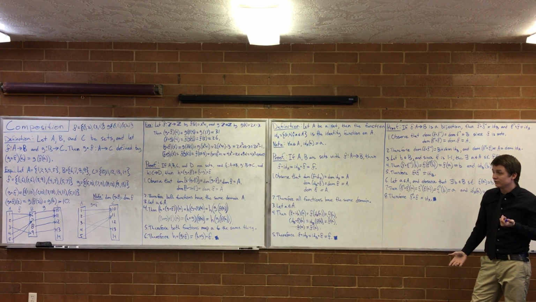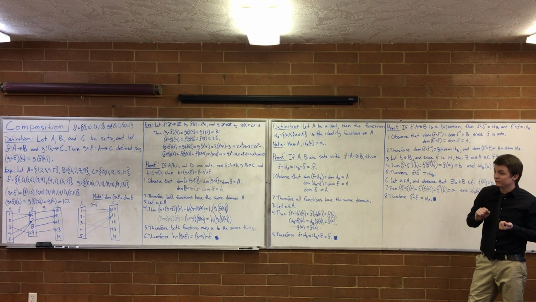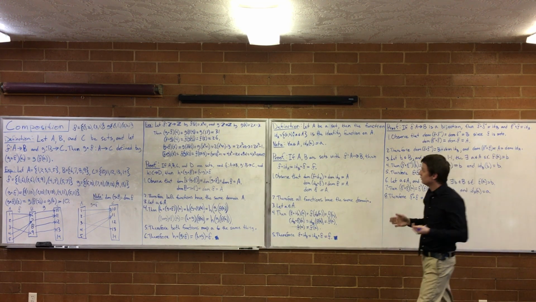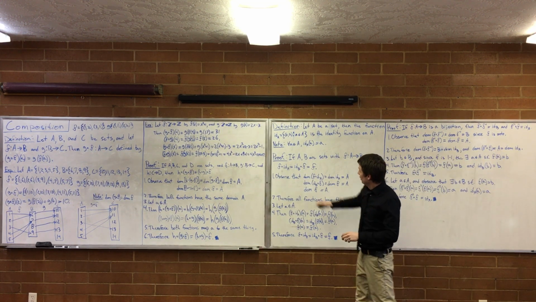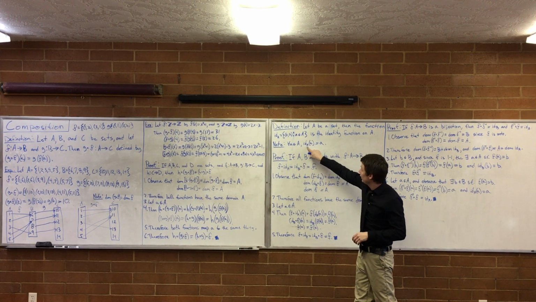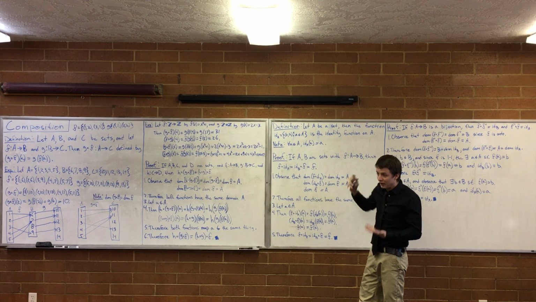So just take a set, map every element to itself, now you have the identity function on that set. Notice that for every value in A, the identity on A of a is just a. It maps it to itself.